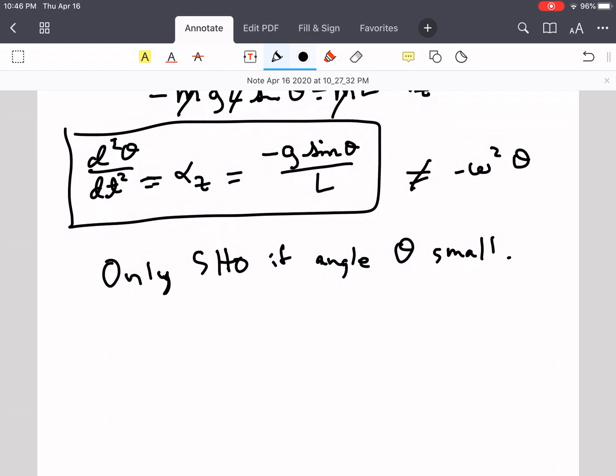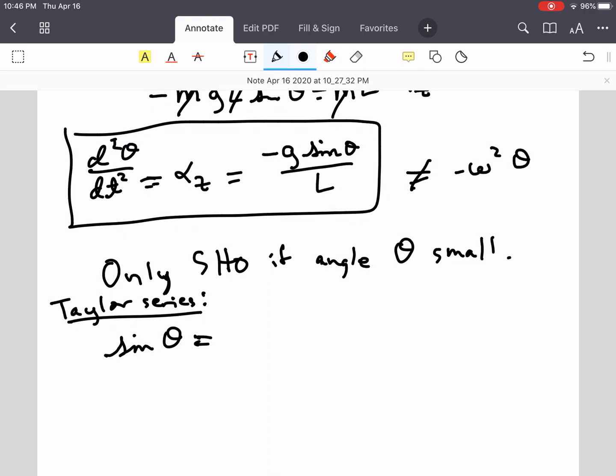Well, let's take a look at sine of theta. There are various ways to do this. I'm going to use something which hopefully you're comfortable with, which is the so-called Taylor series. So the Taylor series for sine of theta is going to expand sine of theta in terms of powers of that angle theta.